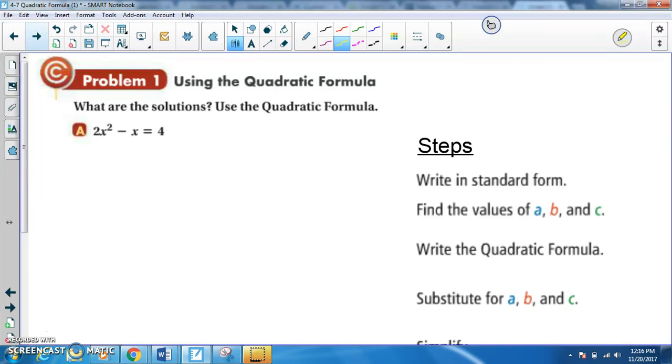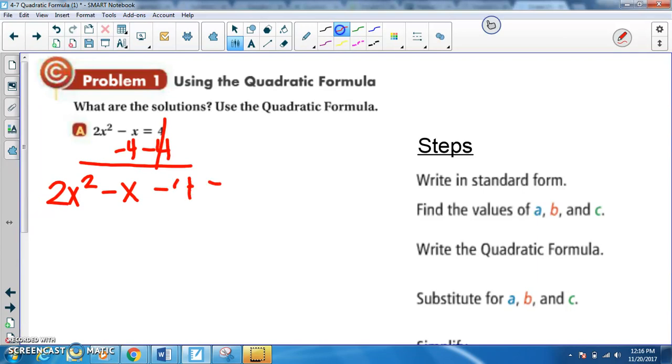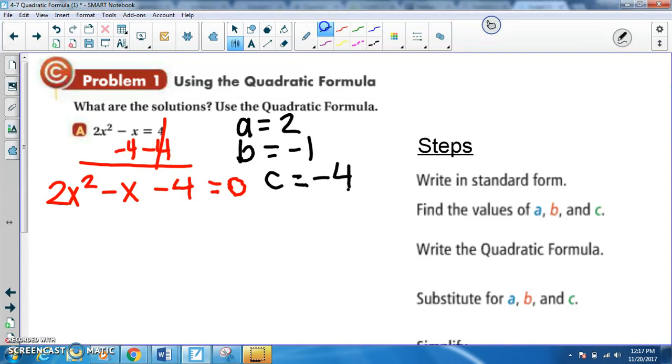Step 1, write in standard form. I'm going to subtract 4, and I write with my powers going from highest to lowest. So 2x squared minus x minus 4 equals 0. Therefore, I have a equals 2, b equals -1, c equals -4.